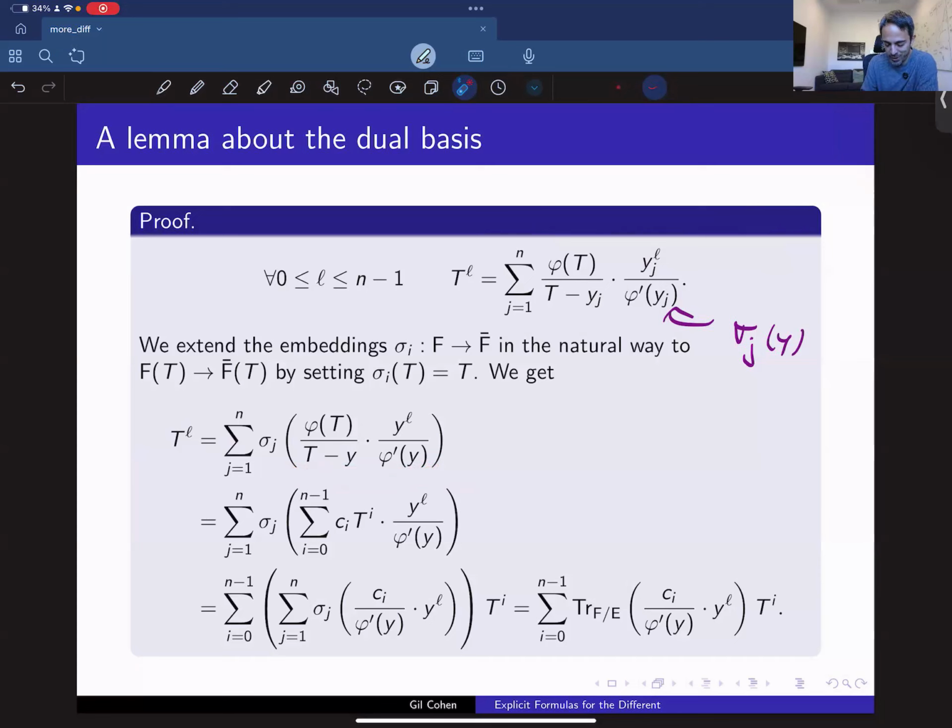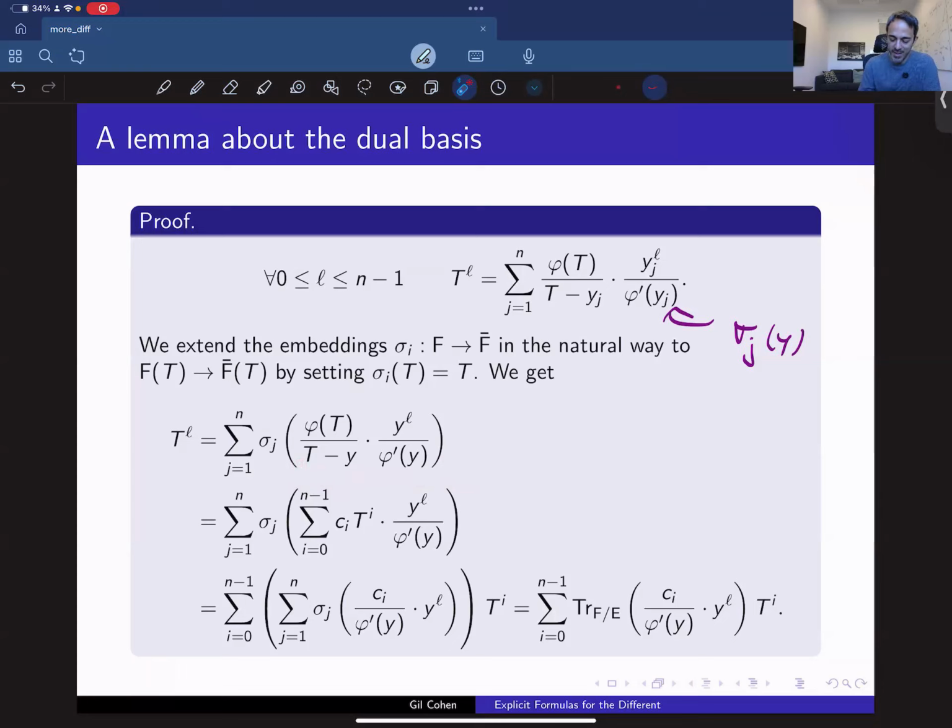Because in the other direction, sigma j of this thing is sigma j of that times sigma j of that, and then the sigma j goes below the power of L, and even inside this polynomial, right? Because it just respects addition and multiplication, so you can pull back the sigma j all the way such that it acts on this function.